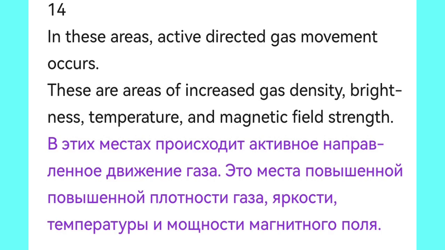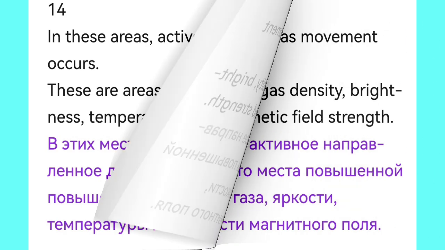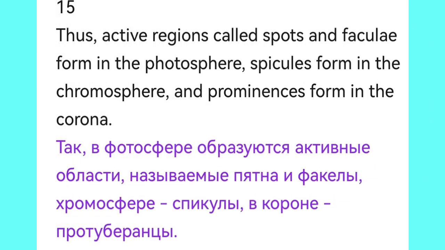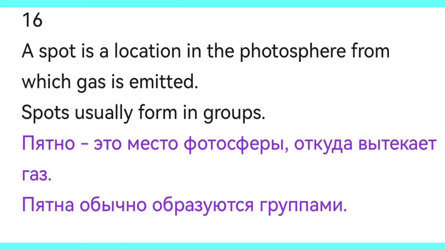These are areas of increased gas density, brightness, temperature, and magnetic field strength. Thus, active regions called spots and faculae form in the photosphere, spicules form in the chromosphere, and prominences form in the corona. A spot is a location in the photosphere from which gas is emitted.